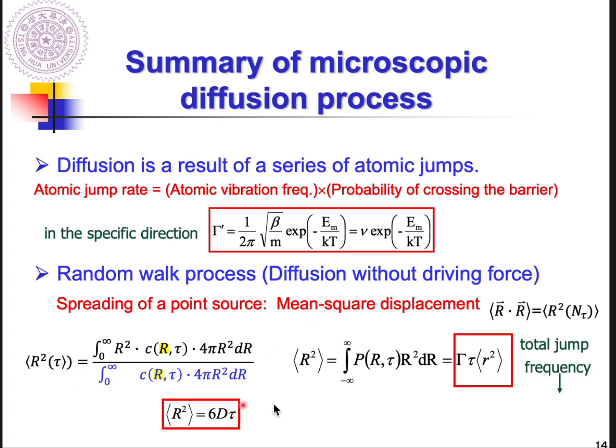We used two different approaches to get a good indicator to describe the diffusion phenomenon, which is the mean square displacement, capital R. Finally, after a series of derivations, we find that the diffusivity of a material is related to the total jump frequency times the mean square jump distance divided by 6. So we successfully link the diffusivity of a material with atomic structures and also the atomic diffusion mechanism of these materials. Okay, so today ended here.